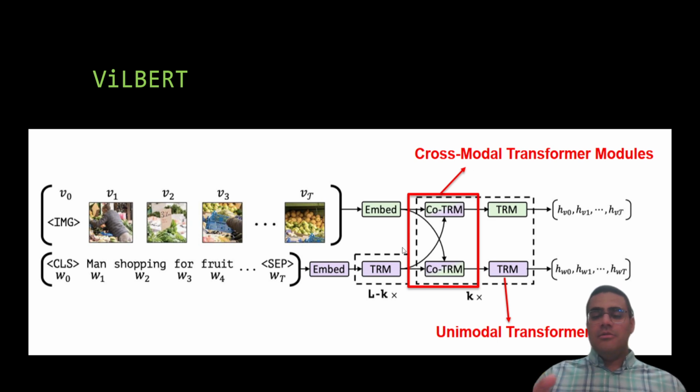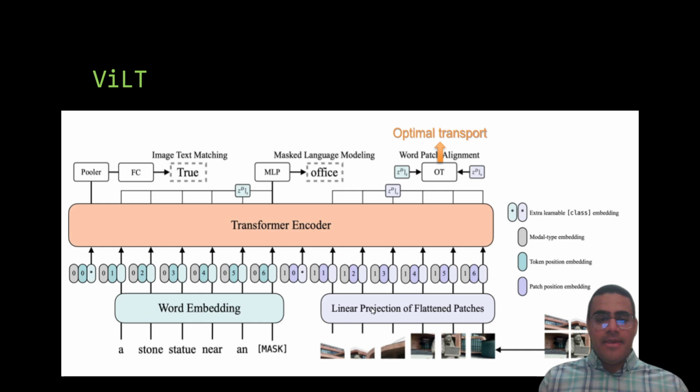We have two because we need to find how the tokens of the sentence are attending to the objects of the image and vice versa. We also need to know how the objects of the image are attending to the tokens of the text. This is why we have two cross-modal transformer modules, and after that we also put a unimodal transformer and get the representation at the end.